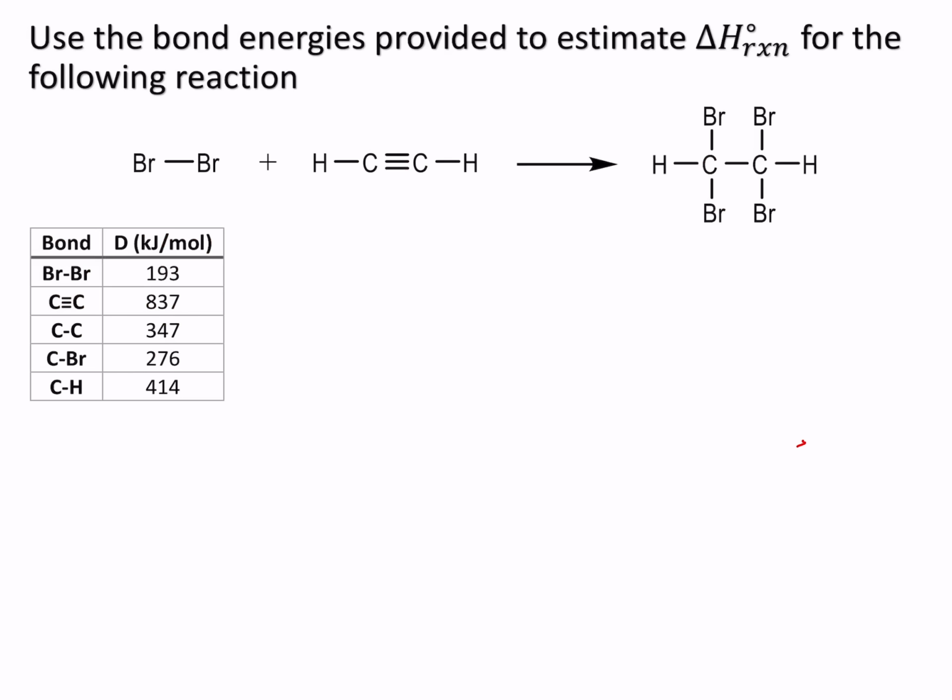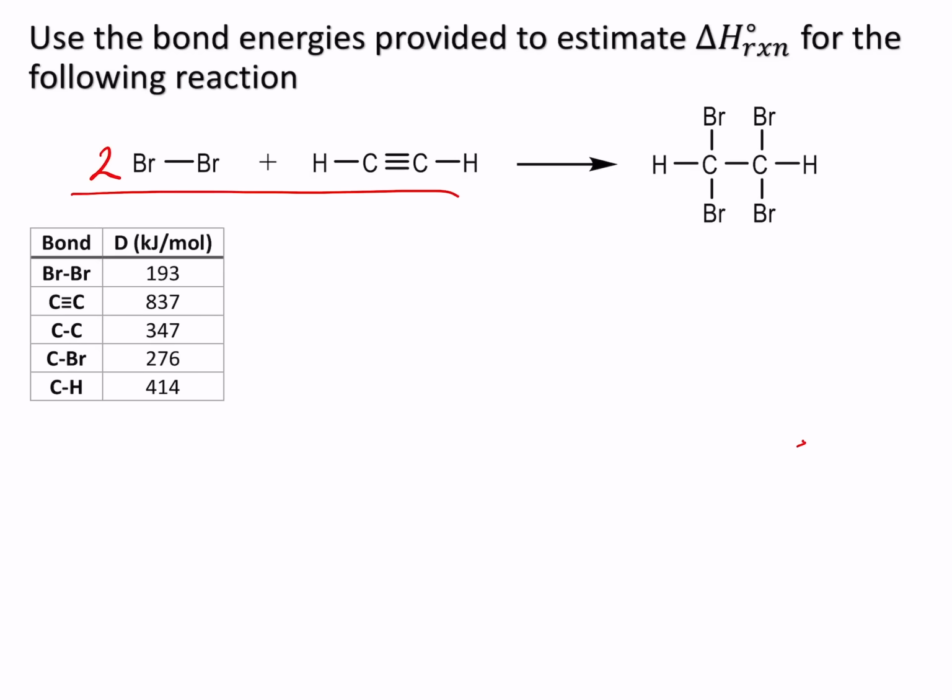So what we see here, and you know what, there should be a 2 there, because there are a total of 4 bromines there. So what you see here, start with the reactant side.